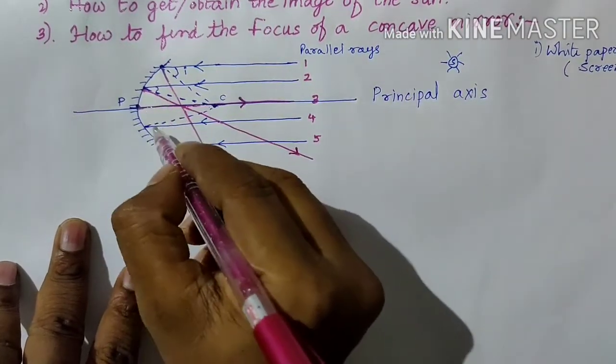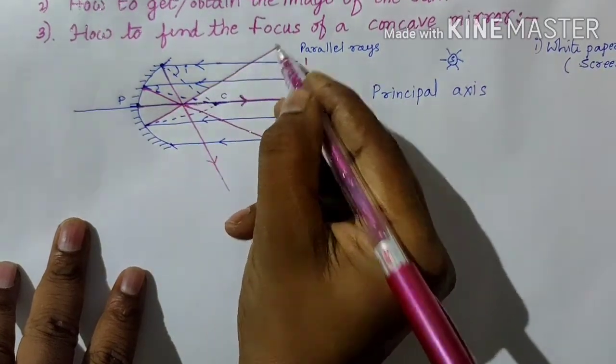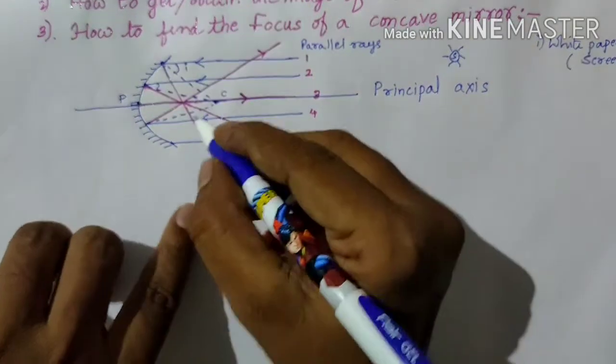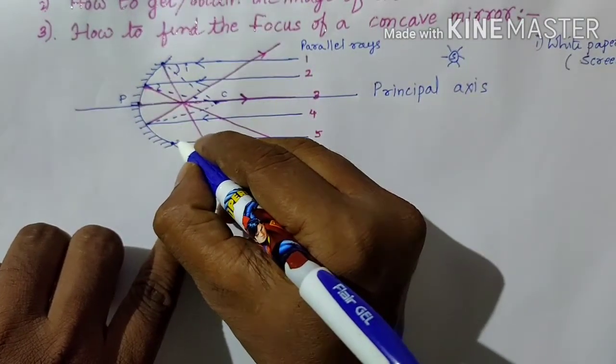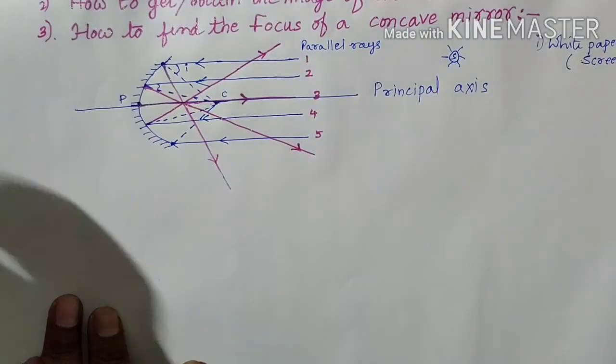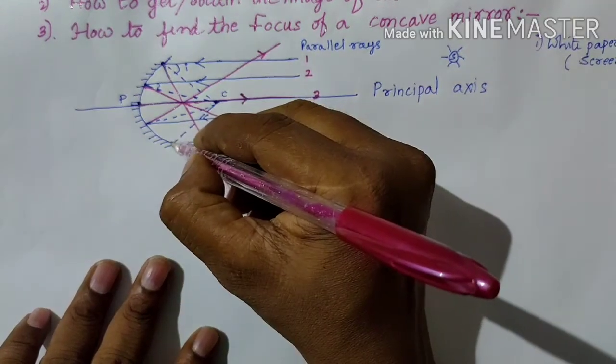So it will be reflected like this. For the fifth ray, we have to draw the normal like this, from the point of incidence to the center of curvature. Now we have to draw the reflected ray by making the same angle.